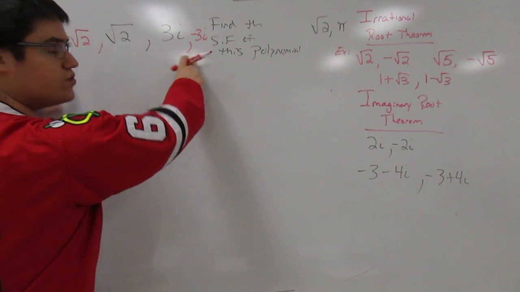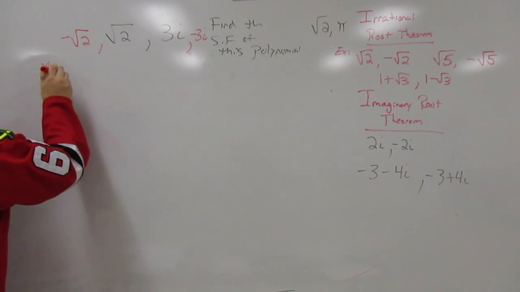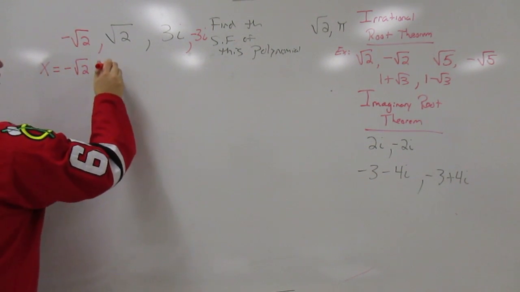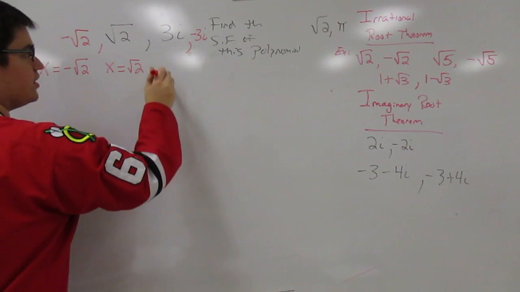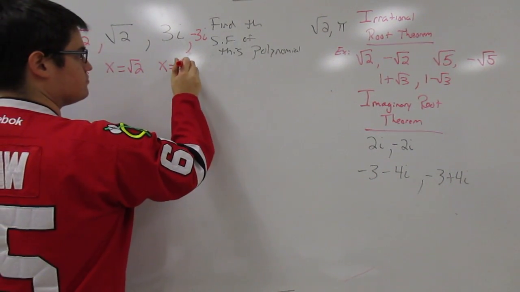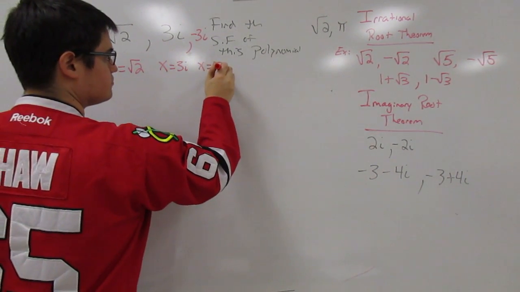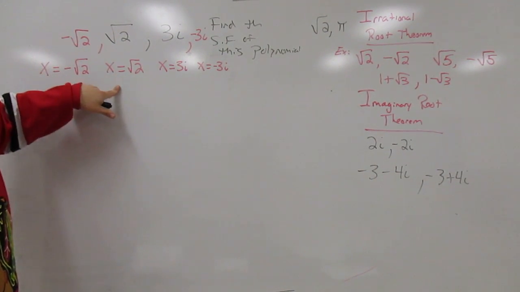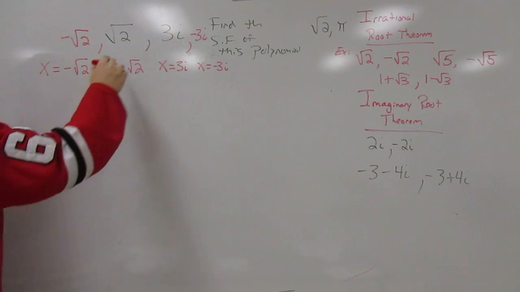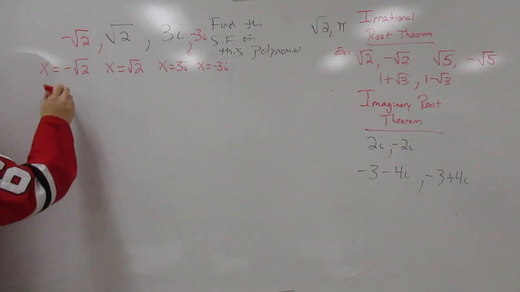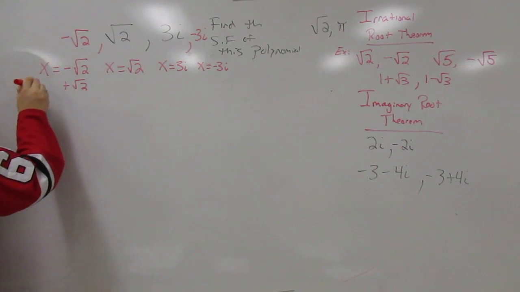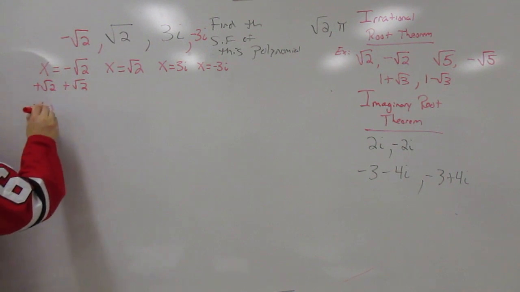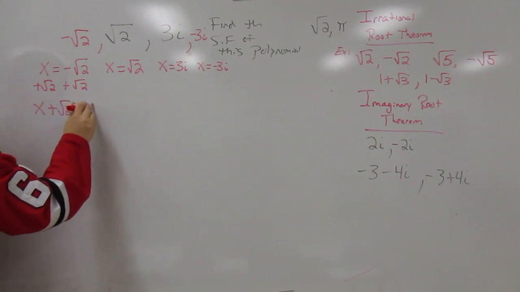And now we'll kind of go backwards from when we solved these polynomials. So these are our roots. So we know at the end of it, we would have had something like this, after we factored and solved. Then the next step to get us to here, well, we could just bring all these over to the other side of the equation. So plus square root 2. So x plus square root 2 equals 0.